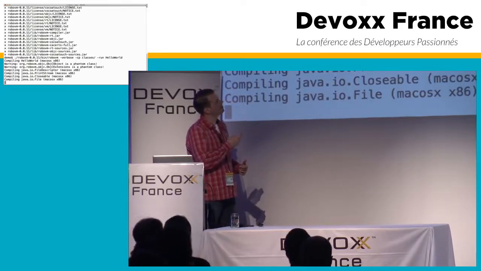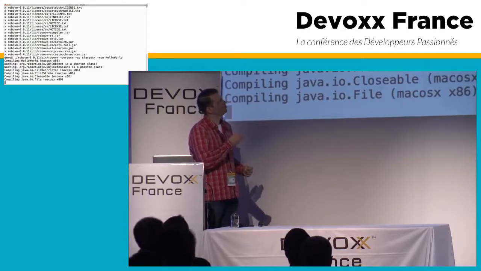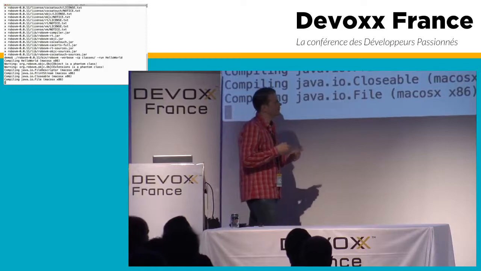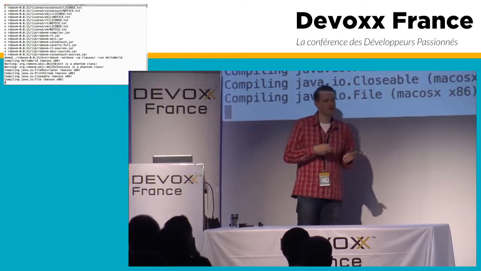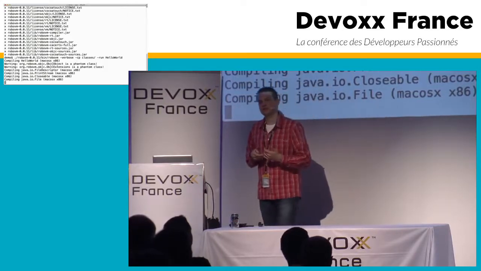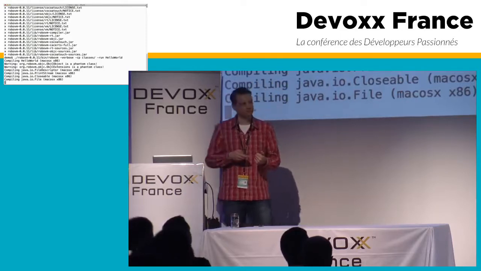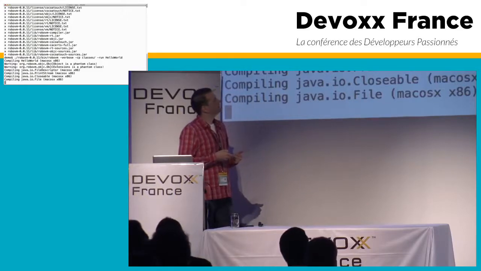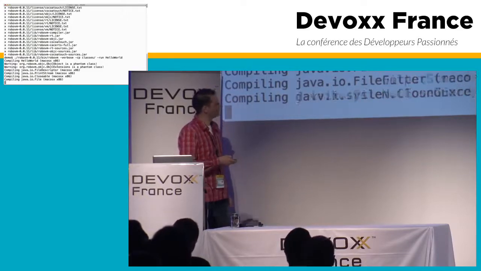From here we can also see that we're actually building an executable for macOS 10 here. RoboVM, apart from iOS, can also build executables for macOS 10 and Linux. So let's continue and see what happens.